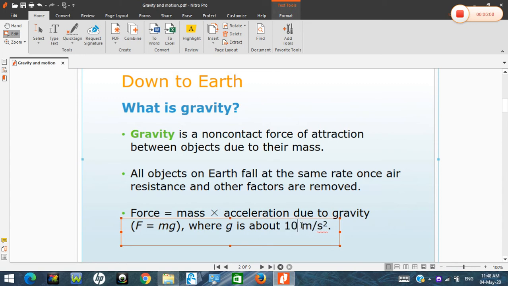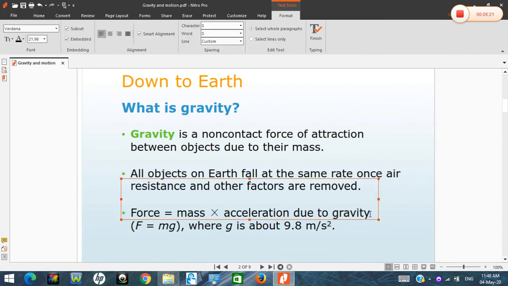So we have two values, 9.8 or approximately 10. These two values are constant. This is the number of the gravity on the earth.